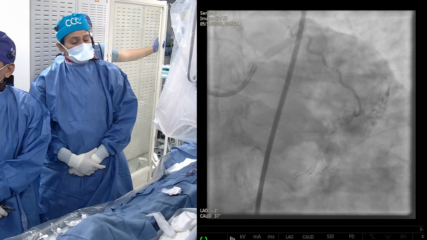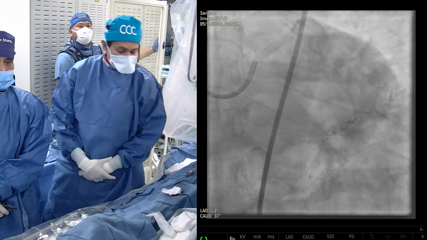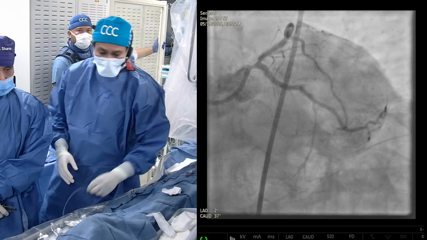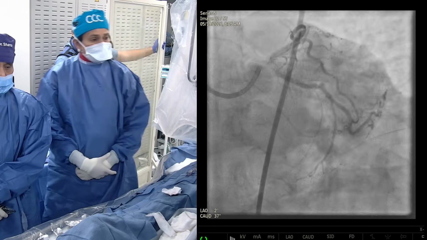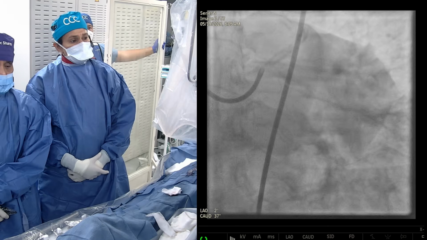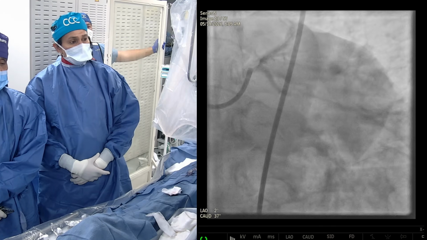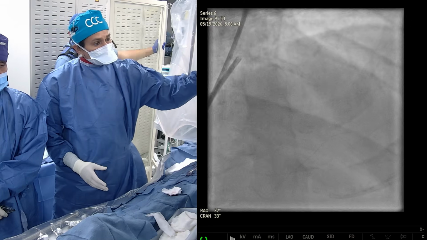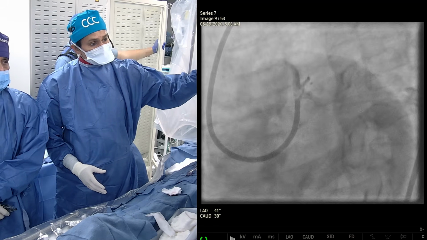An FL guide does not give you a lot of support at all. So we prefer an FL guide if there is ostial left main disease, so placing of the stent and all that is much better. So we took the FCL guide. Normally you see us with a VL guide. So this is a C curve. We have to make sure we'll be able to get into the LAD, which is at this point here.